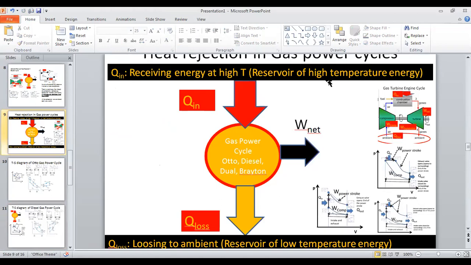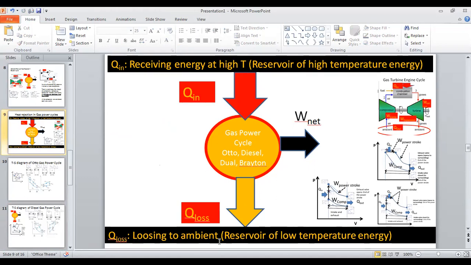Don't worry about the external one. Of course, atmosphere is out of the cycle, but through these interactions we take it. The same way, the continuous supply of fuel for the combustion is like the reservoir effect. So the simple way of telling is that it's a reservoir. So let me take it.